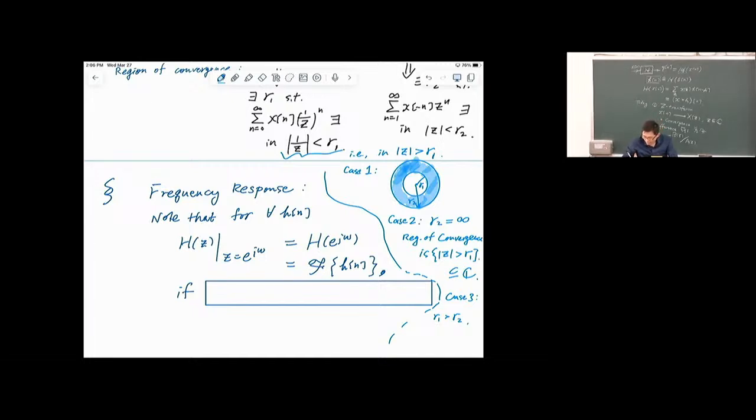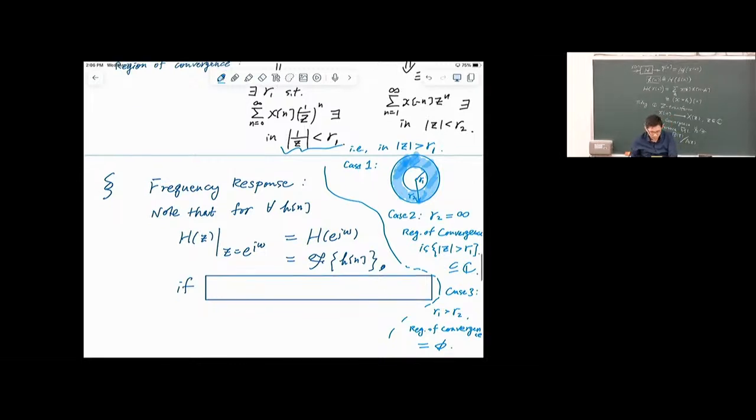Then we say the region of convergence is the empty set. The plus part may converge outside the circle, whereas the minus part converges inside the circle. But if you are so unfortunate that the first circle is larger than the second circle, then they don't overlap. The outside of the larger circle and the inside of the smaller circle do not overlap. That's also possible.